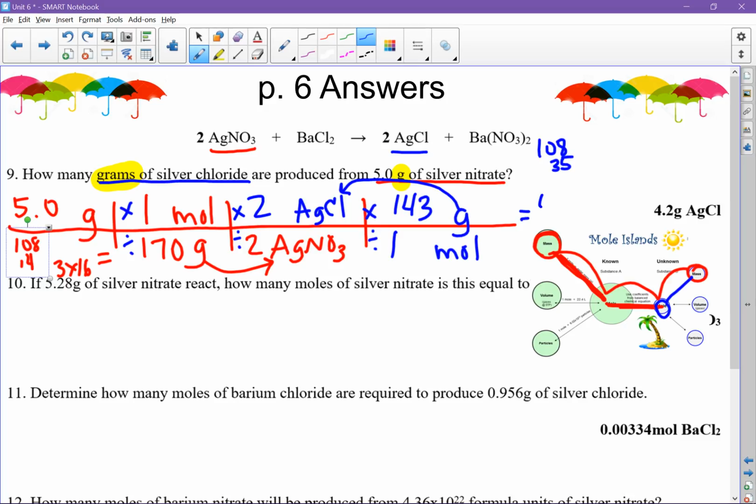So my calculator says 4.20588 something. We started with 2 sig figs, so we would also like to end with 2. That second sig fig is right here at the 2. I'm going to leave it a 2 because there's a 0 after it. So I'm going to keep the 4.2 here. Grams is the unit you were looking for. If you don't want to put the chemical, that's okay, but you do at least have to put the grams.